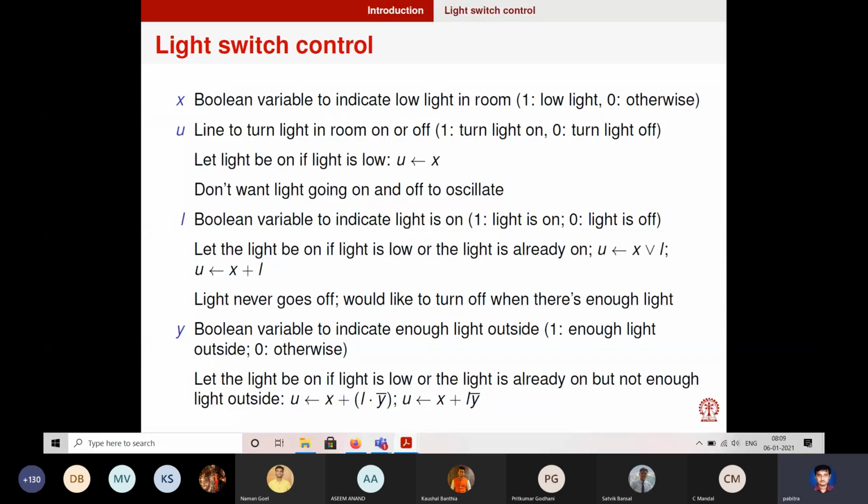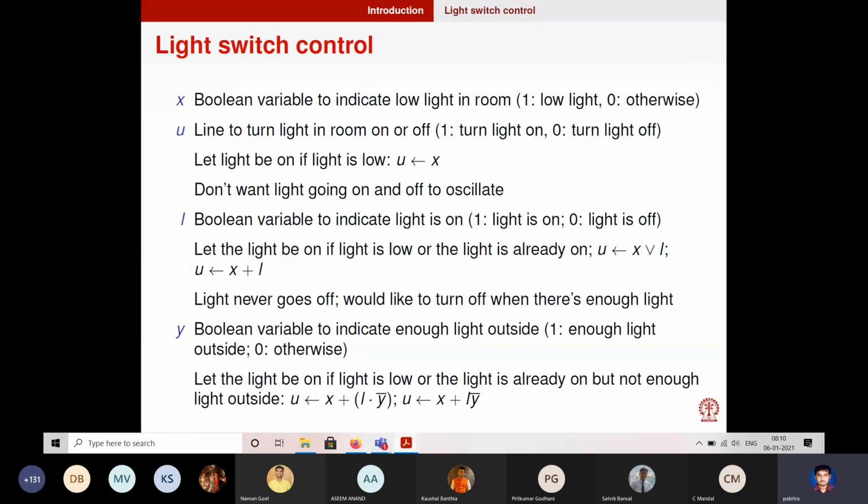But naturally you can see that this will lead to an oscillation, because the moment the light goes low, you turn on the light, it is high again, so X becomes 0, and then that leads to turning off U. So this will lead to oscillation. We don't want that. That's not a desirable situation. So what we do is we take care of that by introducing another Boolean variable L, which indicates whether the light is on or off, 1 meaning on, 0 meaning off.